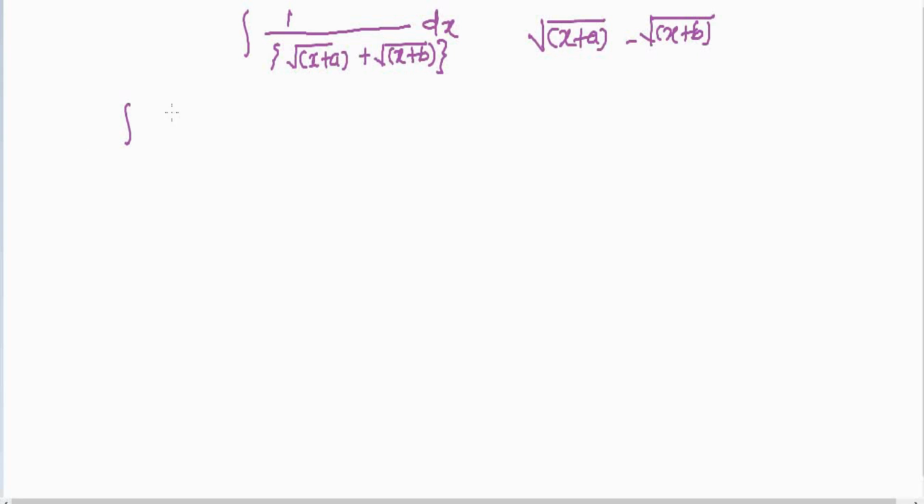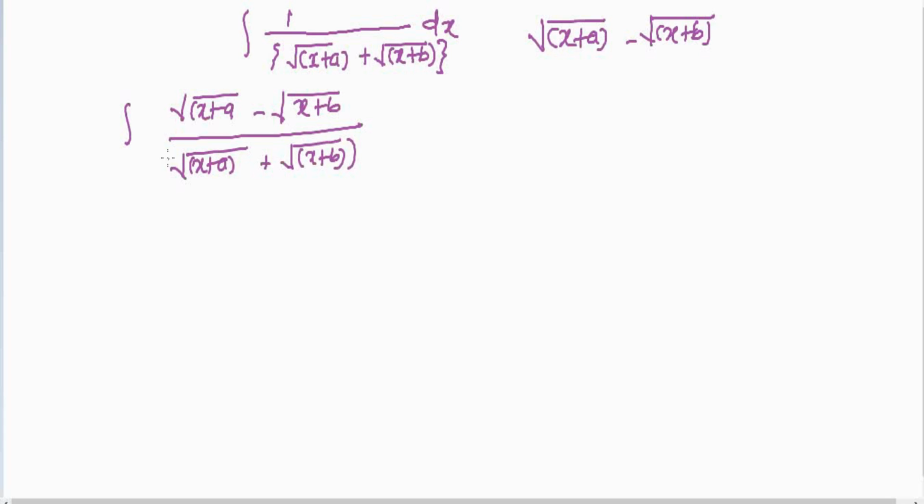This will be under root of x plus a minus under root of x plus b divided by under root of x plus a plus under root of x plus b.